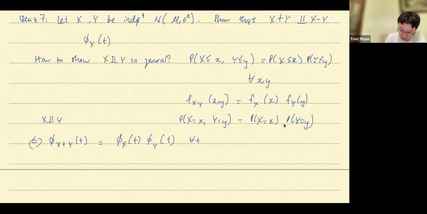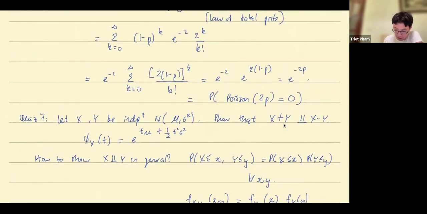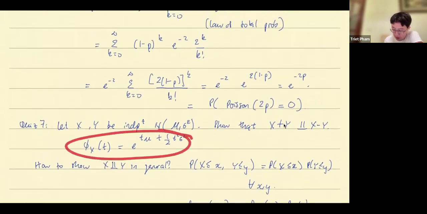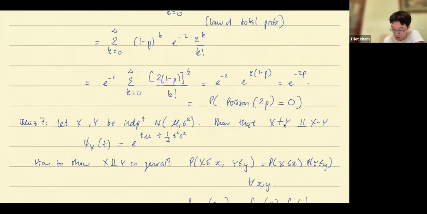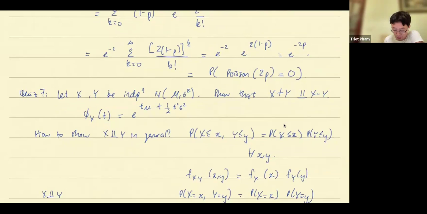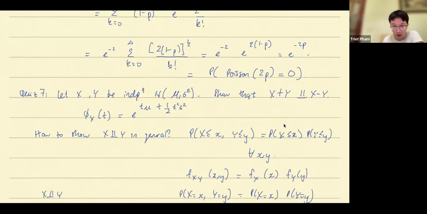Well, it will be e to the t mu plus 1/2 t squared sigma squared. It'll take probably around 5 minutes to establish this, and let's not get into it. You can look up how this can be established. This is a fun calculation.